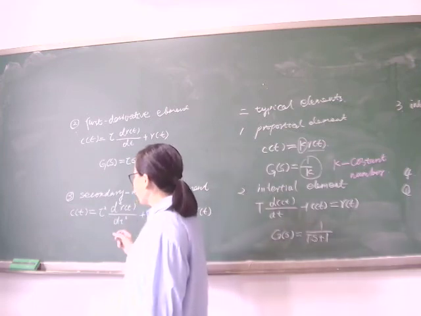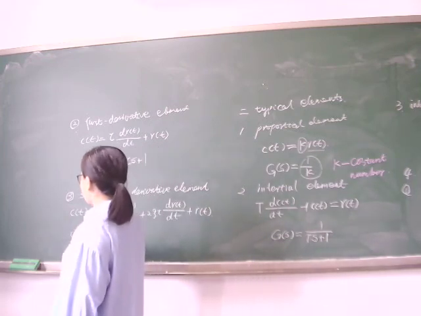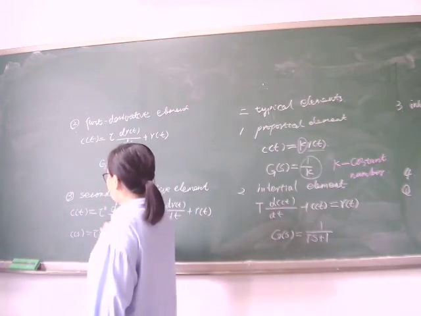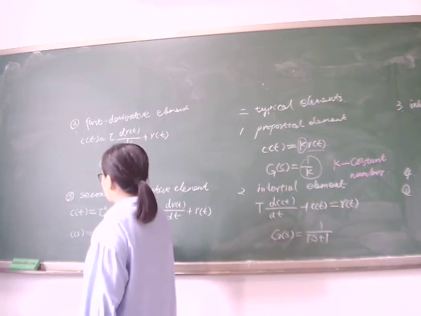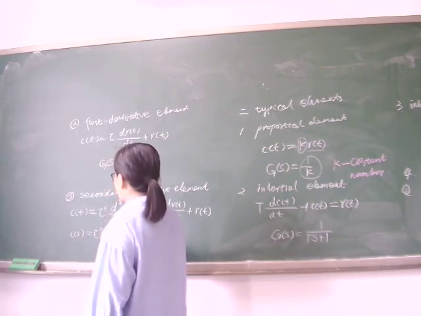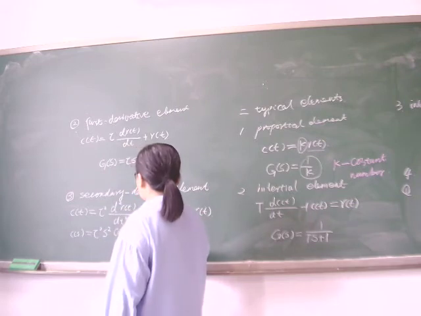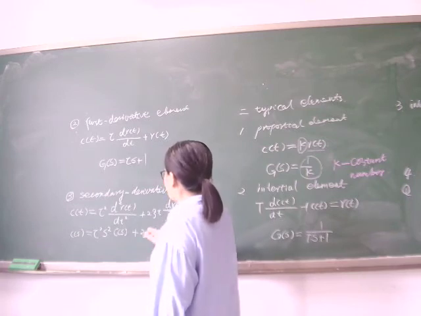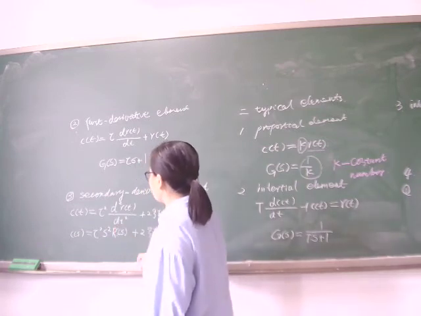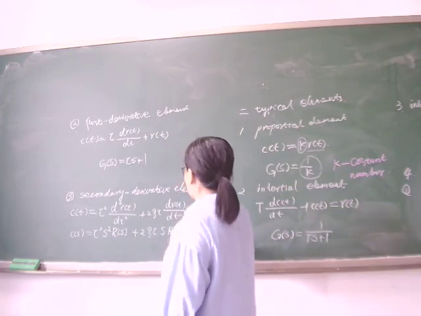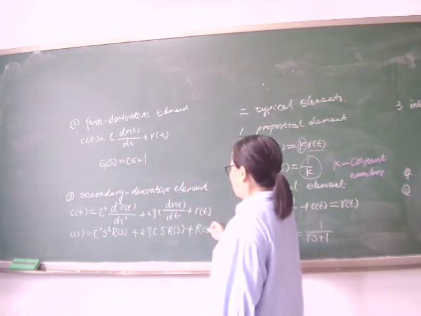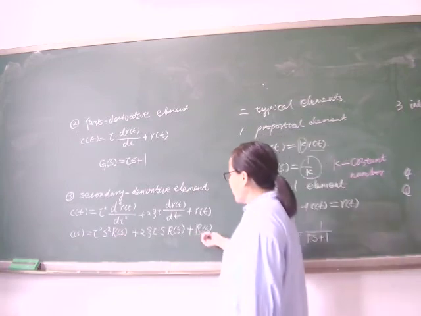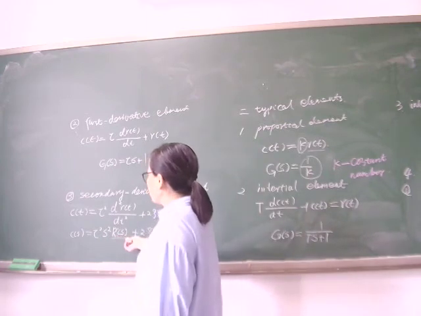For the right part, it is tau squared s squared R(s) plus 2 zeta tau s R(s) plus R(s). Here the same R(s) we can put forward.